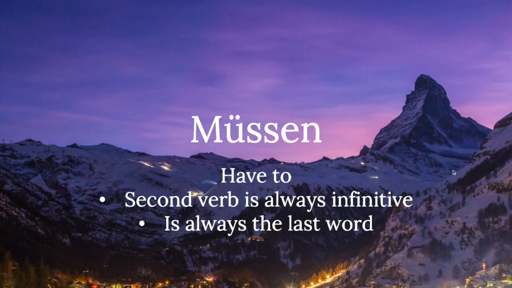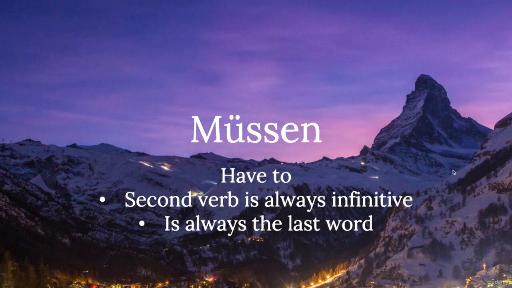Another sentence that we used in our last lesson was ich muss die Küche putzen. I have to clean the kitchen. Muss comes from the verb müssen, which means have to or must. When using this verb, just like the verb werden, the second verb has to be in infinitive and it also has to be the last word of the sentence.